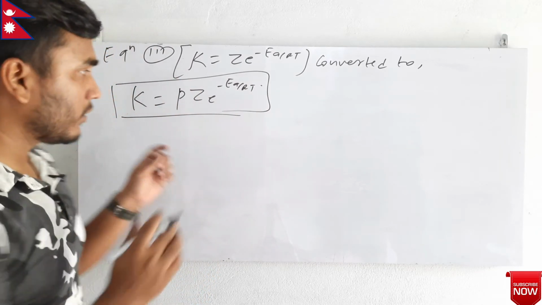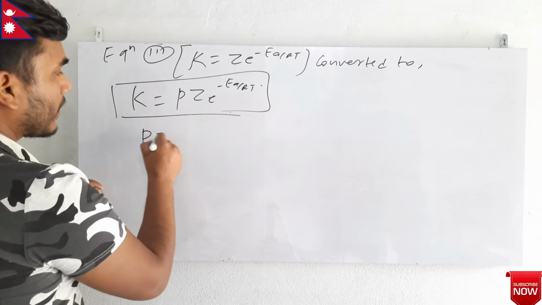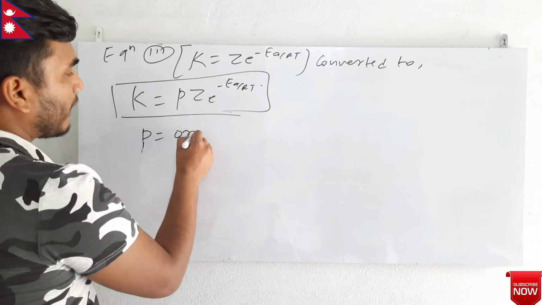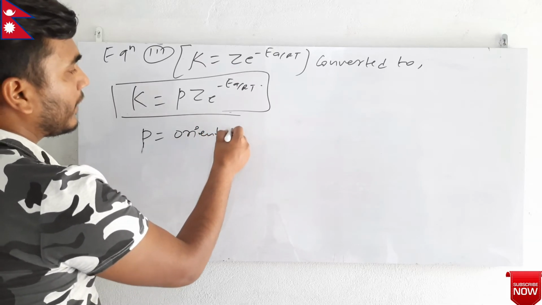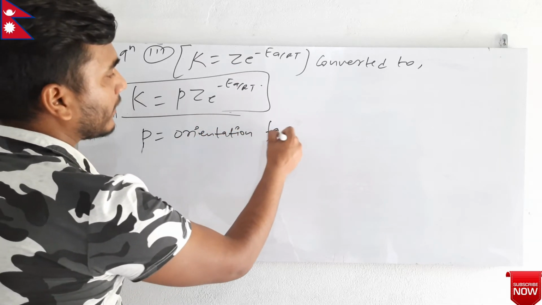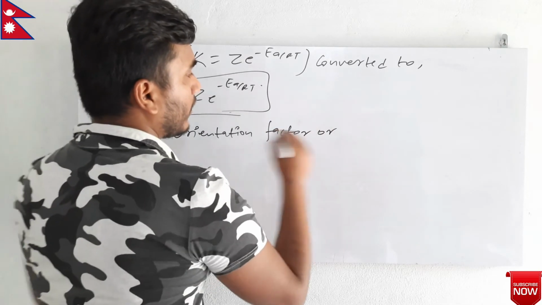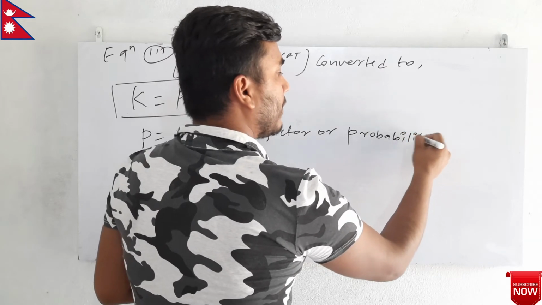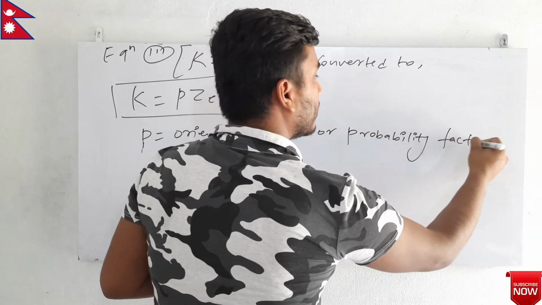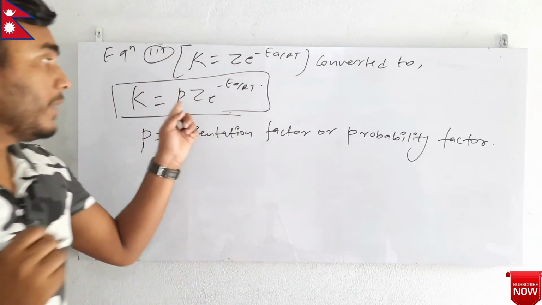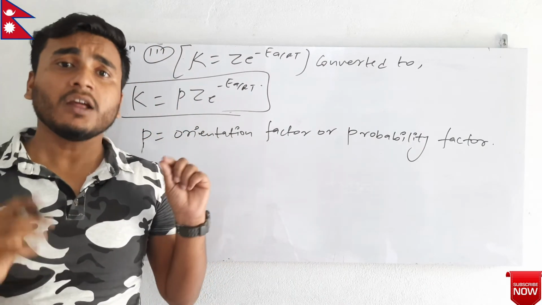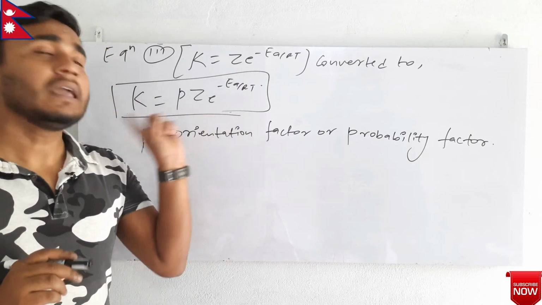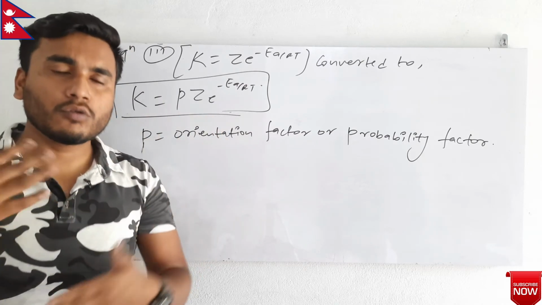The constant P represents the orientation factor or probability factor. This P represents that not all molecules that collide convert into the product. This P is here to show us that.